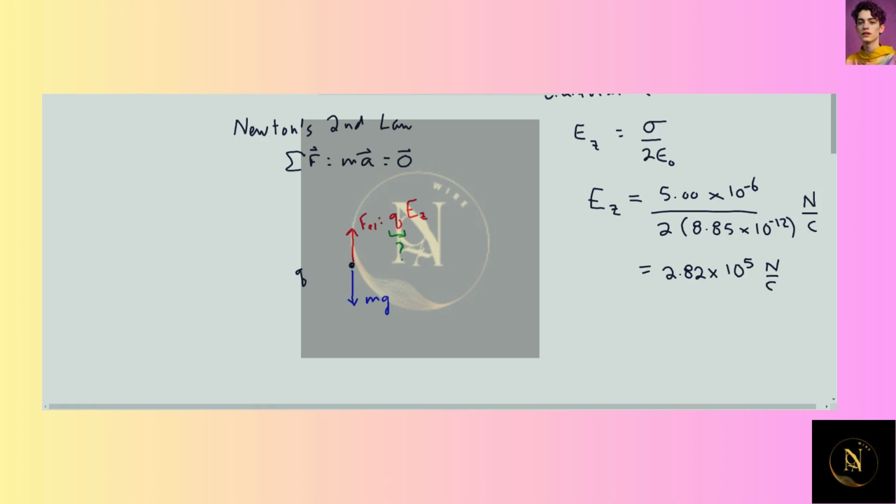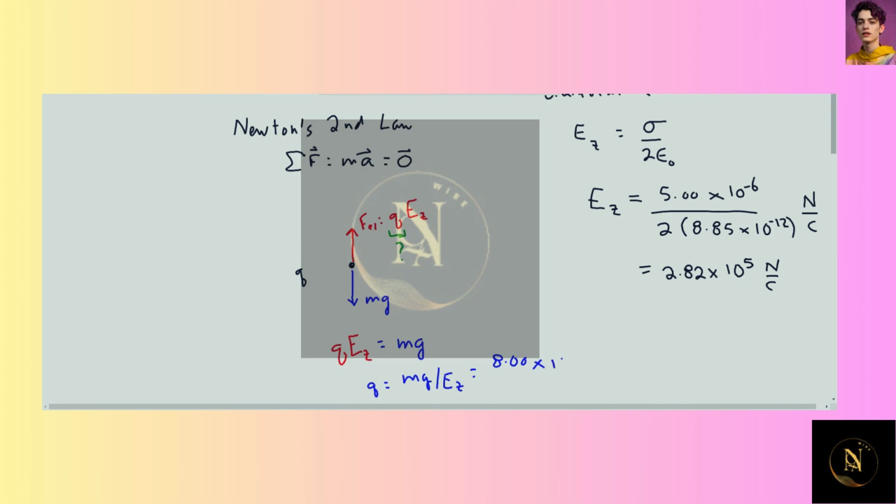So now using Newton's law, we want to balance the upward force with the downwards weight. And then we can very readily solve for the Q. We know the mass of the charge in SI units, kilograms.